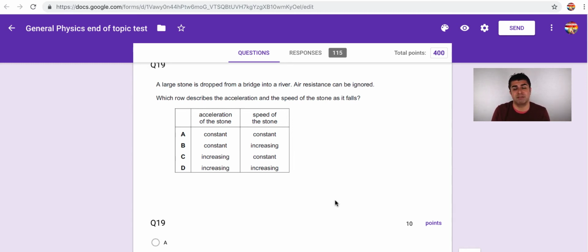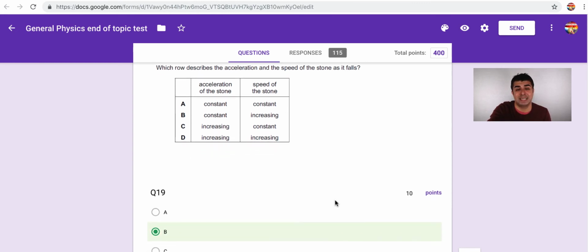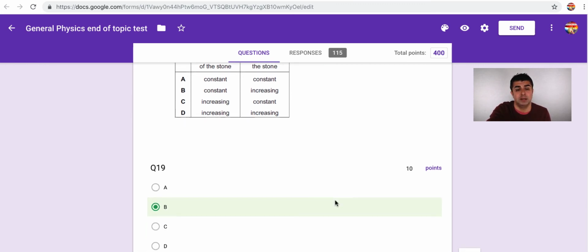In other words, it'll get faster and faster and faster. Now, because gravity is the same for all objects, and there is no air resistance here, the acceleration will be constant. So since there's constant acceleration, what happens to the speed of the stone? It gets bigger. So the answer here has to be B.